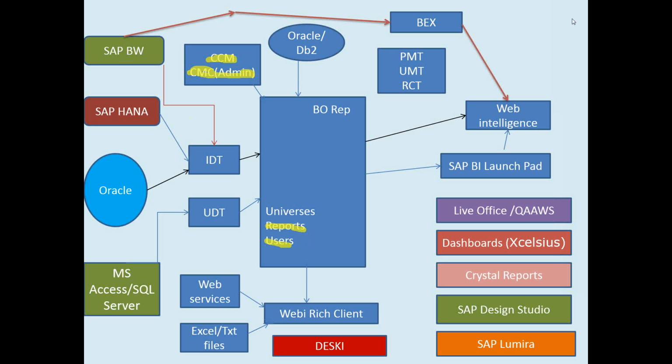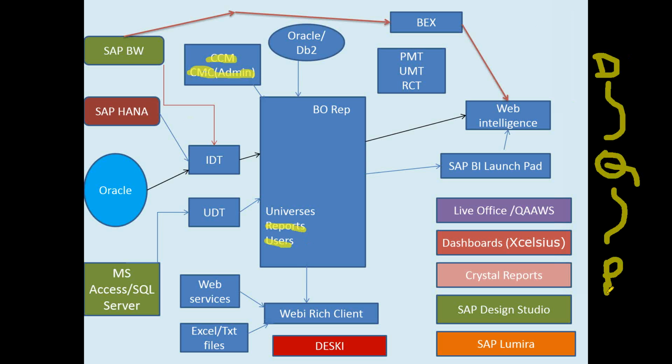And also, once you develop a report, normally we develop all reports in the dev environment, so that you can move them to the quality system. Once you develop the reports, we move them to the quality system, and from the quality system to production.